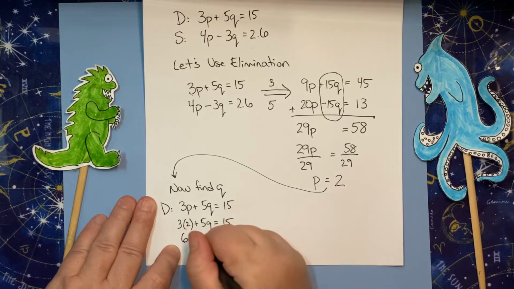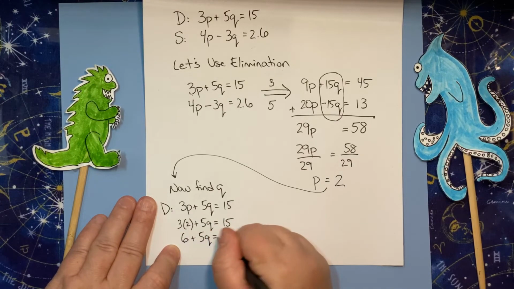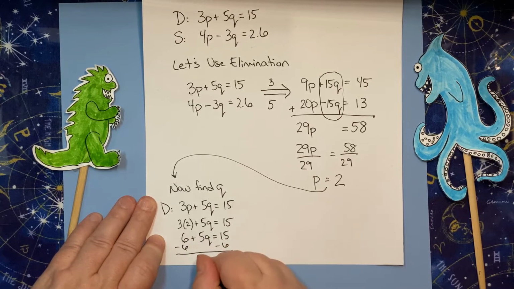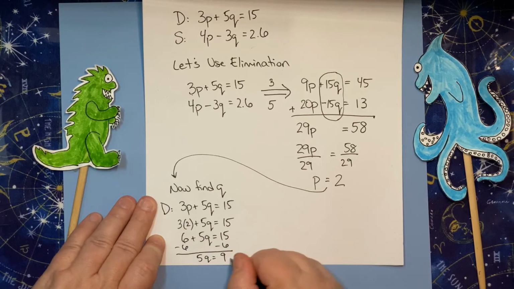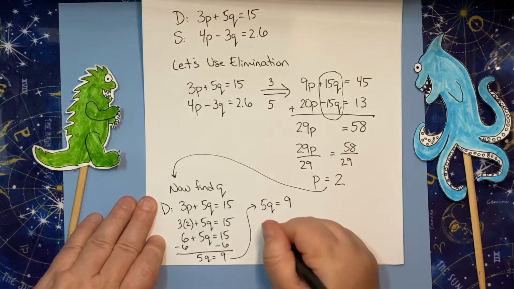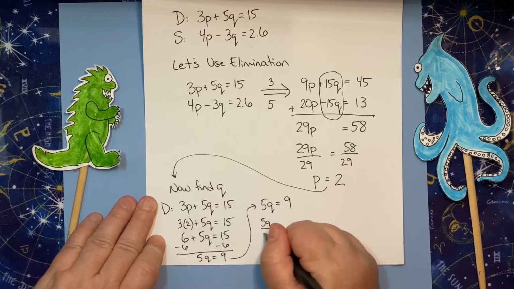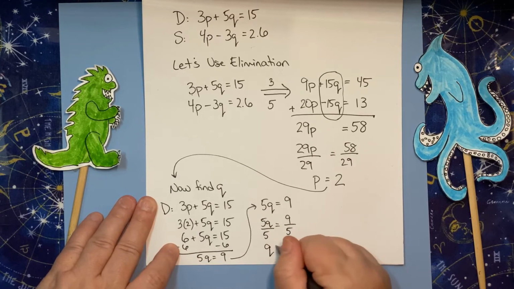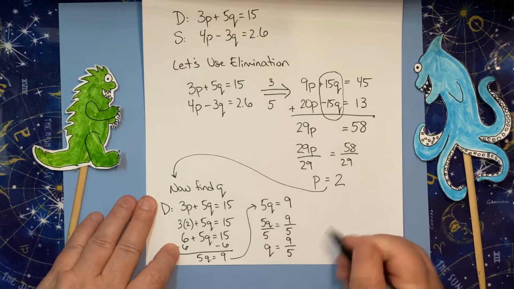Okay, so 6 plus 5Q equals 15. Subtract 6, subtract 6. 5Q equals 9, which is weird. 5Q is 9. 5Q over 5 equals 9 over 5. So Q is 9 over 5.